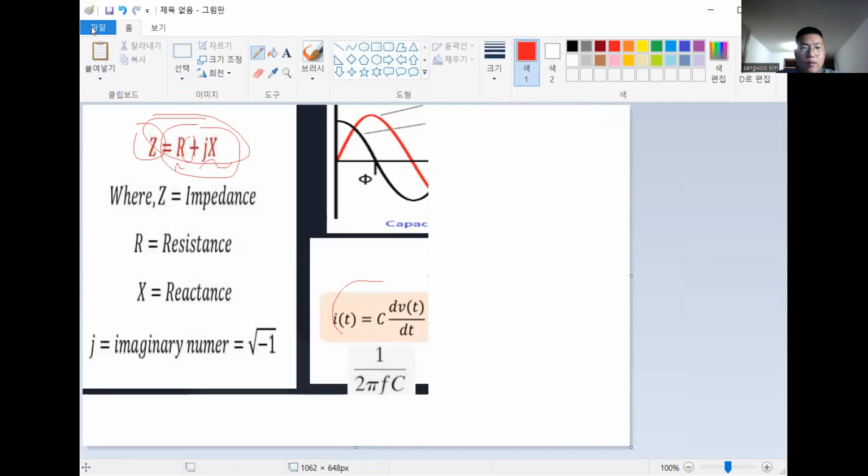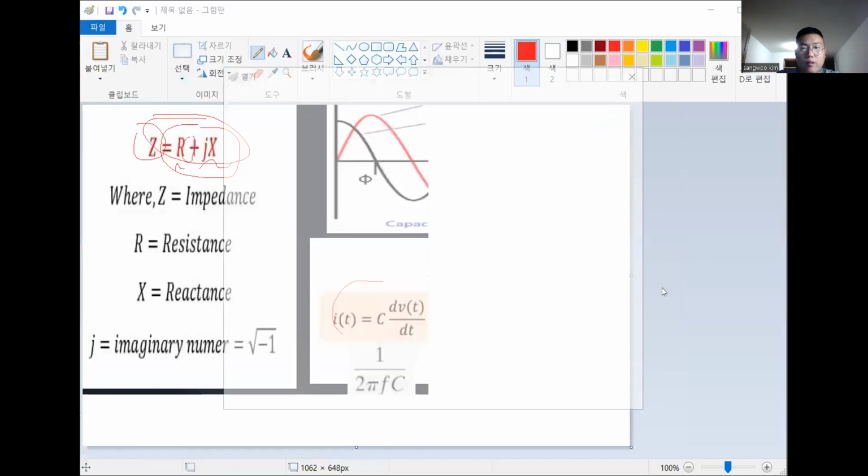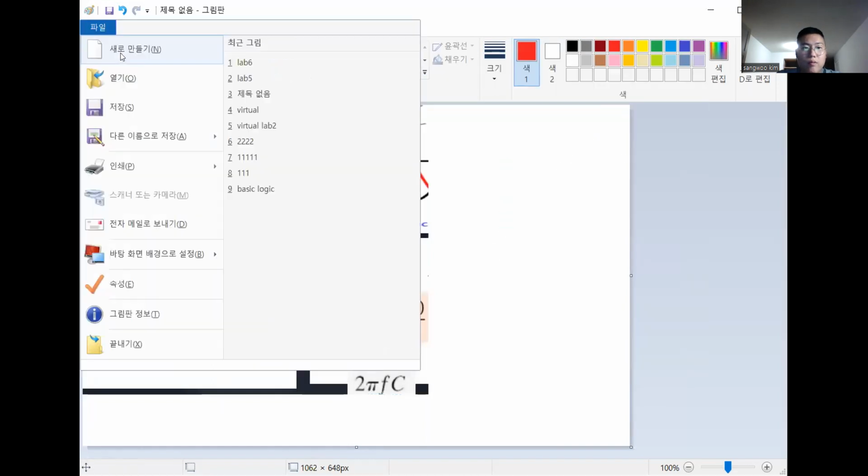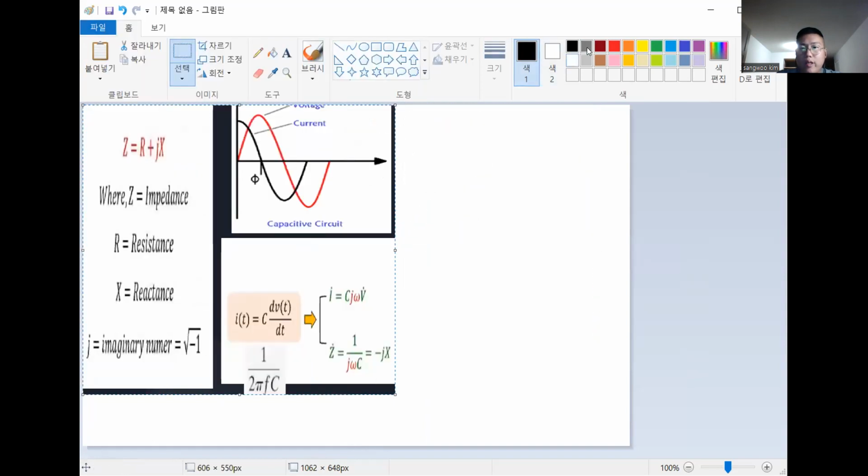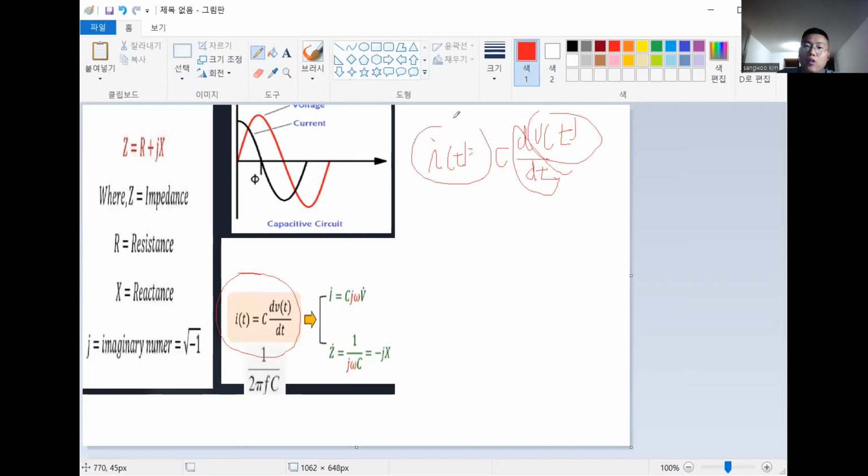Sorry about that, guys. As you can see, we first have to memorize the equation I = C dV/dt. So as time goes by, voltage is changing, and current is coming through, right?